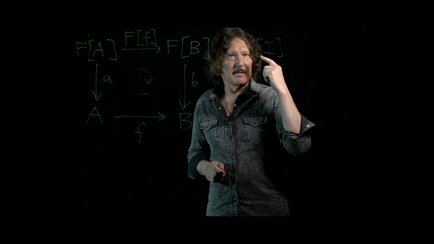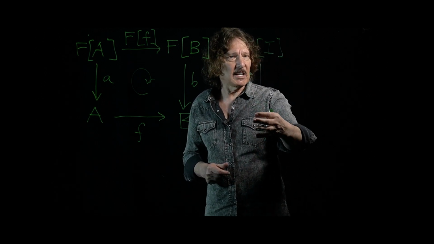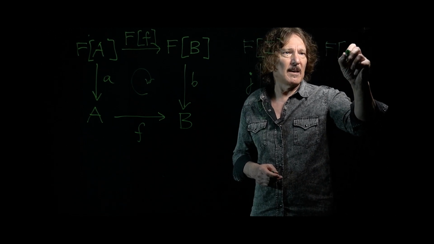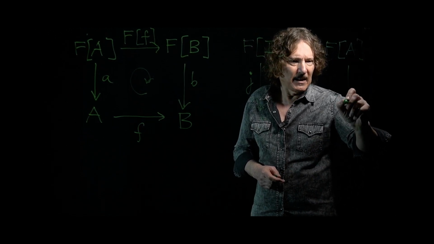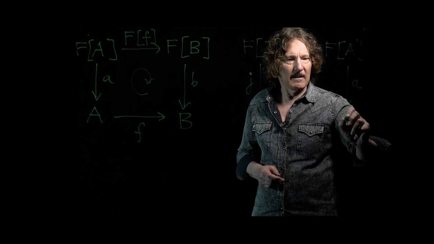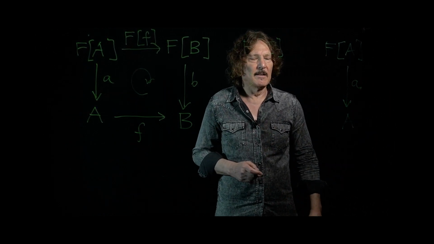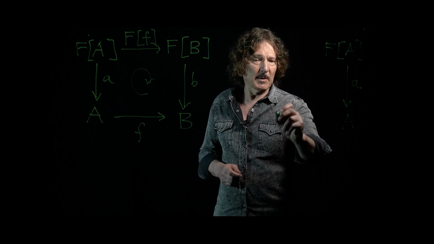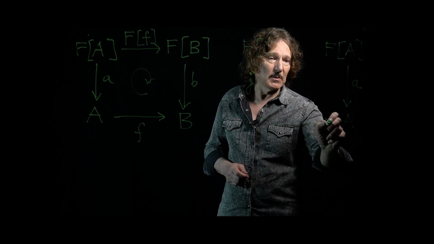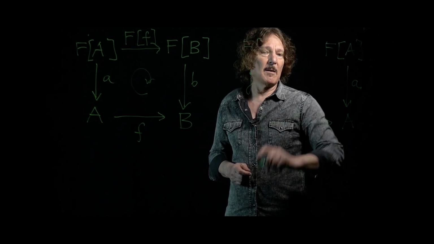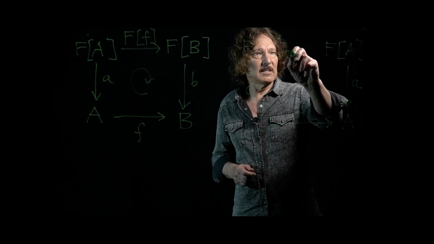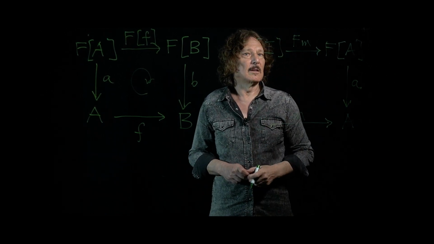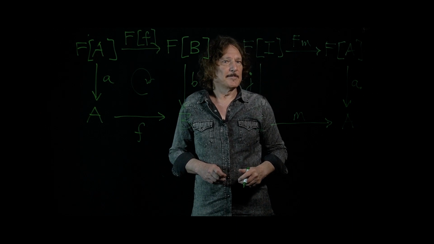The property of an initial algebra is that if we have any other algebra, say FA evaluates using A to capital A, then there is a unique algebra morphism from I to A, let's call it M, such that this diagram commutes. The lifting of M here.